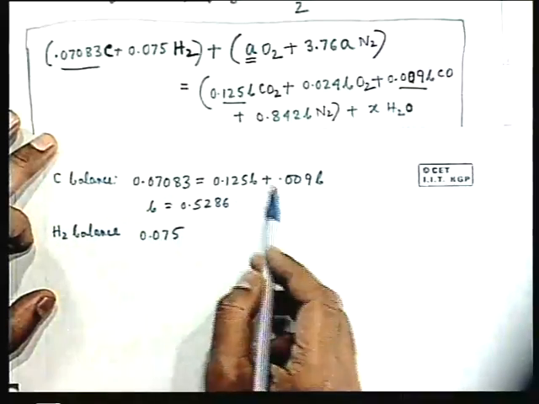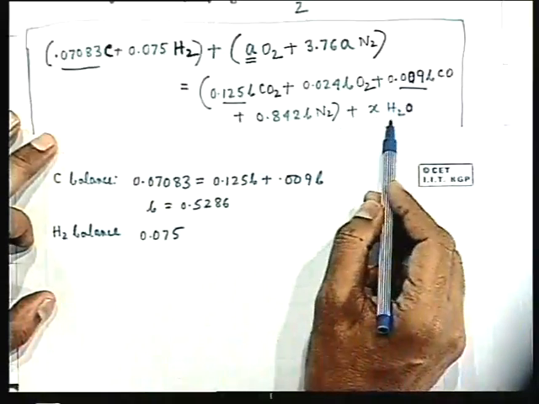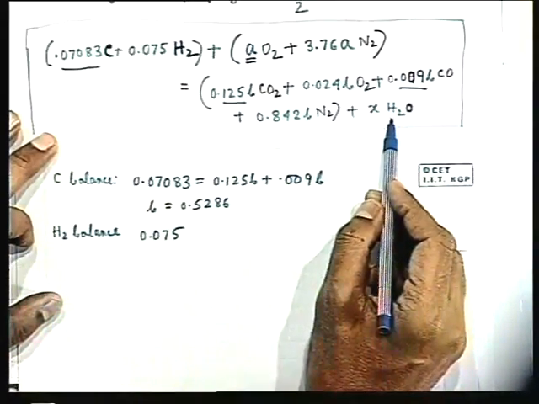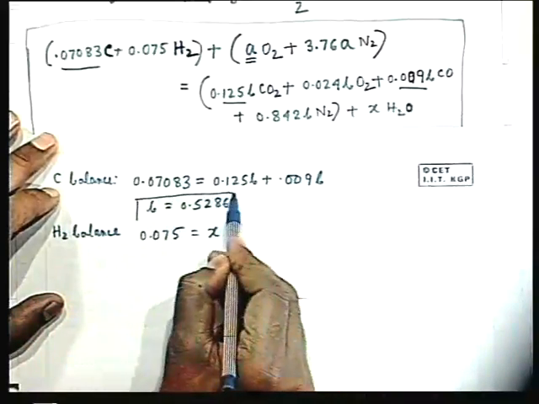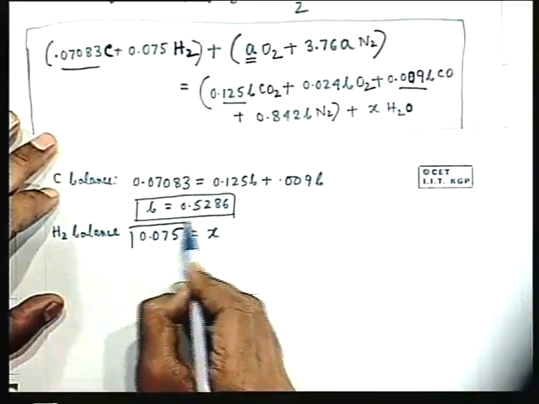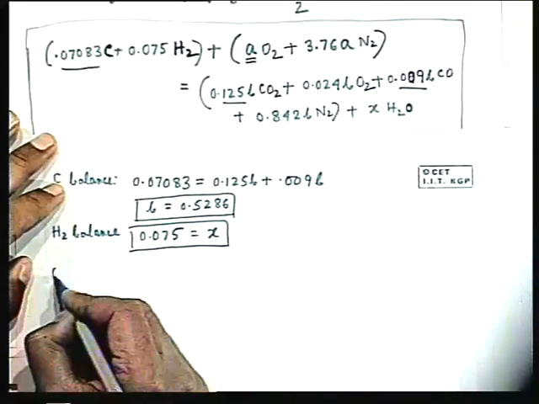H2 balance gives, just search where the H2 is. H2 is only here, X. That means X is given straight away. So I get B and X explicitly from the two equations. Next is the O2 balance.